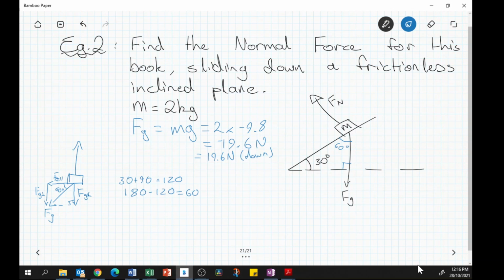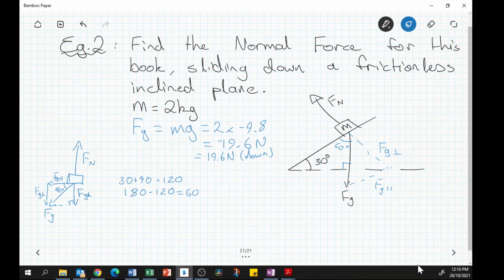So let's go back to this diagram. This is our normal force. Remember now that our gravity, what we're doing right here is we've got force of gravity and we've got Fg perpendicular, Fg parallel. Right, so this here, our Fn, this here must be equal.